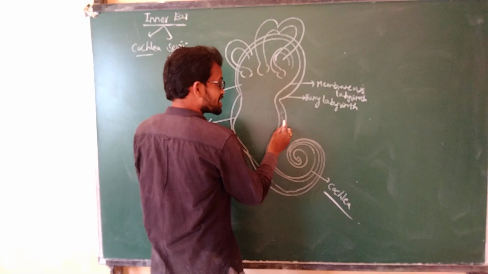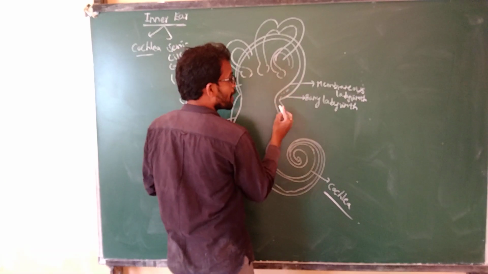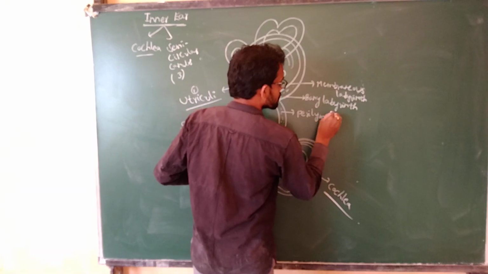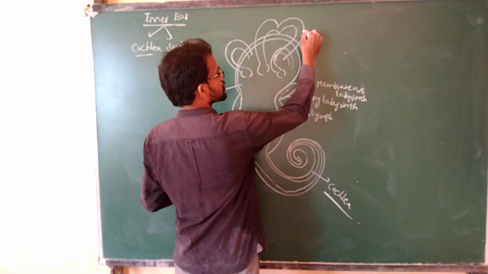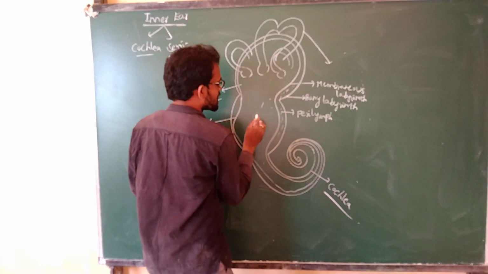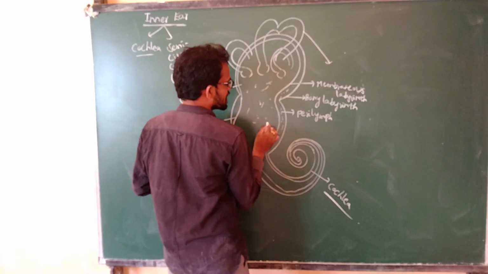This bony labyrinth consists of perilymph. This membranous part is different.